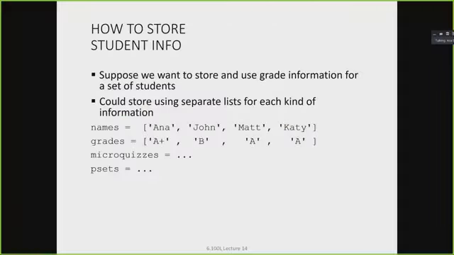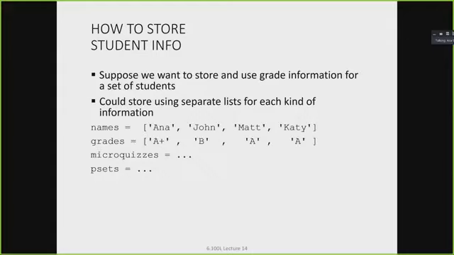So before I introduce a bunch of syntax and what a Python dictionary is, let's try to just motivate the need for such a data structure. So suppose we have the following problem. We've been dealing with this problem in many of our lectures, but we once again want to store student information.